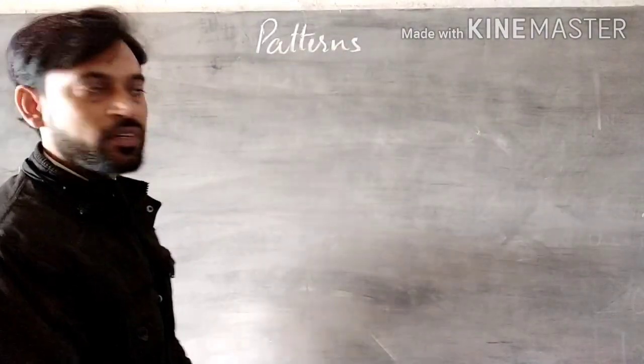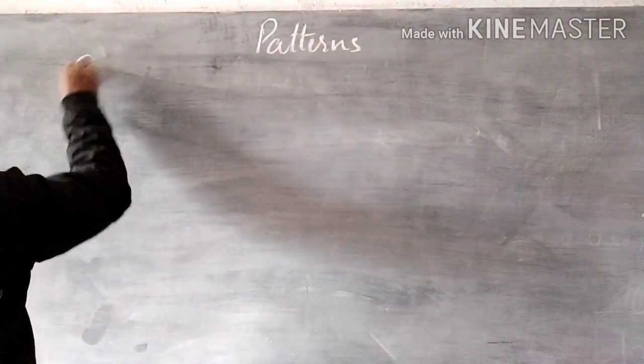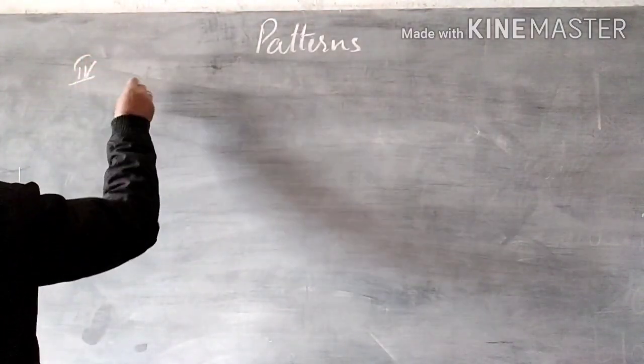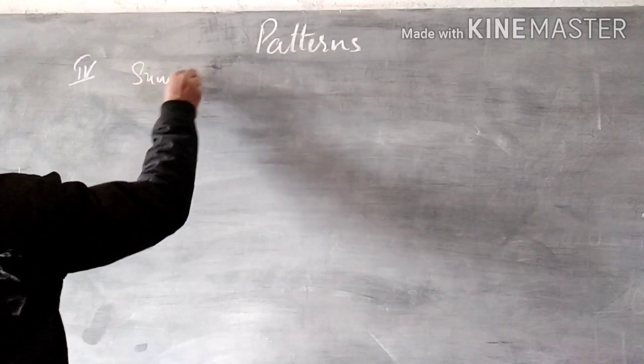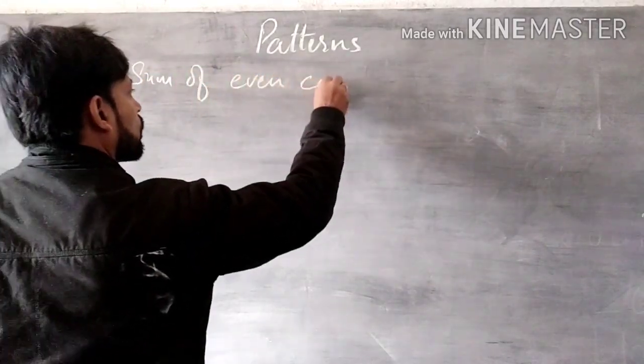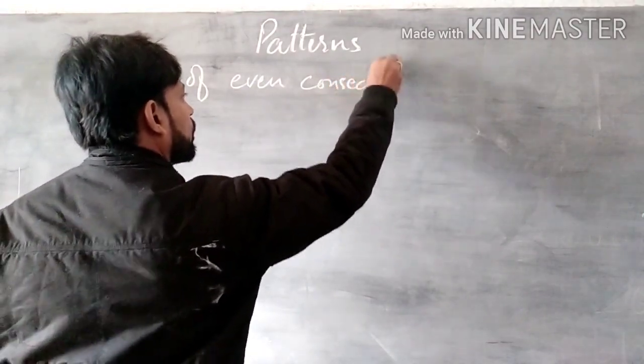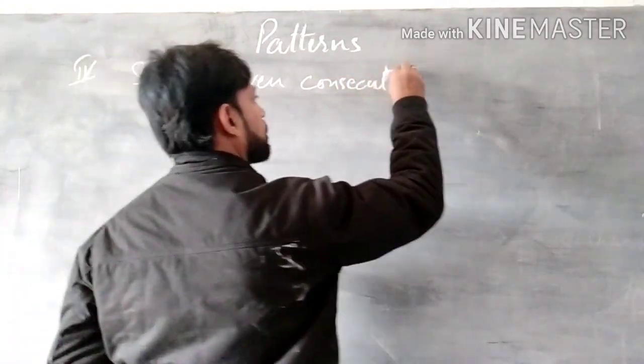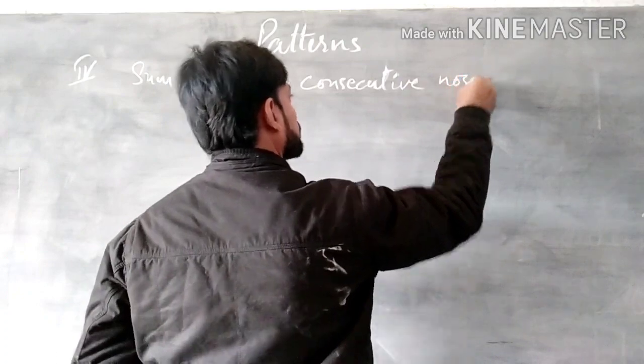Now the fourth observation is sum of even consecutive numbers.